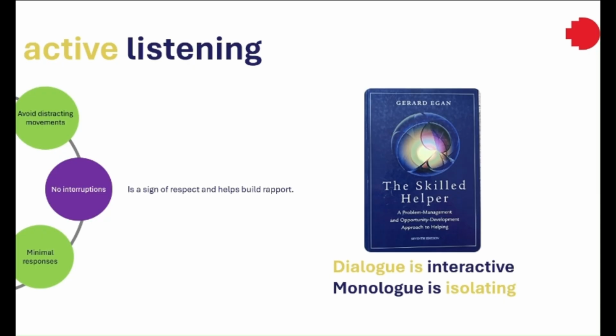So, in this context, a dialogue would mean something like, now I talk, now you talk, now I talk, now you talk. A monologue would mean clashes between what I want to say versus what someone else wants to say, because if I am having a monologue, then the other person can't say anything, and you can see how it breeds isolation.